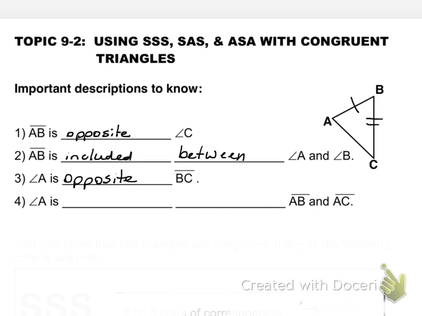And then angle A is included between side AB and side AC. So angle A is between side AB and side AC. So that's how we talk about locations within a triangle.